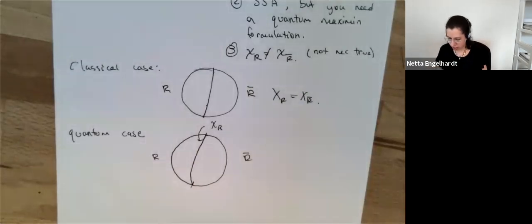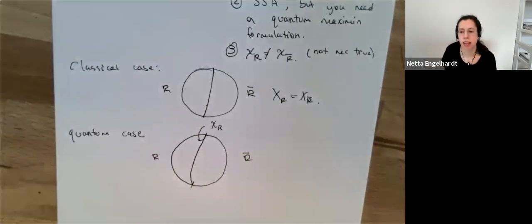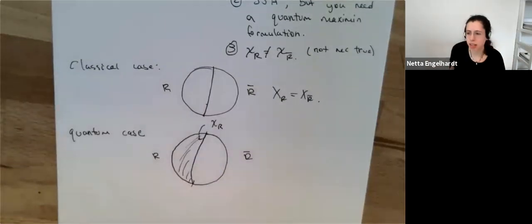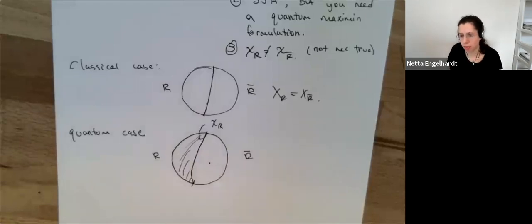But if the bulk state is mixed, then it does not have to be the case. The von Neumann entropy of this will not be the same as the von Neumann entropy of the geometrical complement.